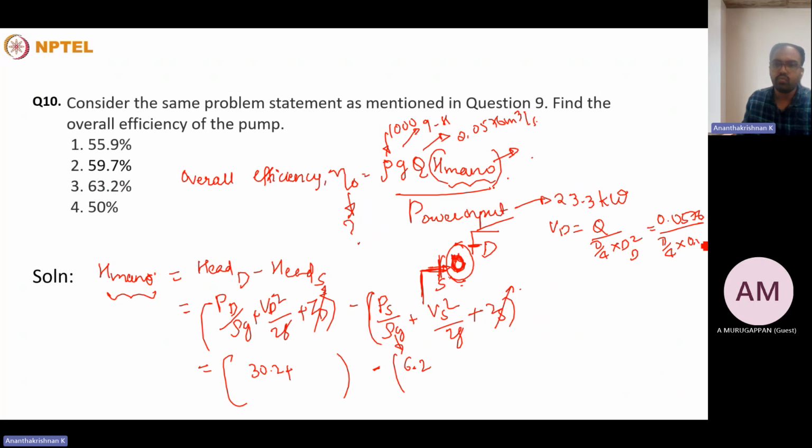So for the delivery side, it is 0.12 squared. Similarly, for the suction side, Vs is equal to Q divided by pi by 4 into the suction diameter squared, 0.0576 divided by pi by 4 into 0.18 squared. On the delivery side, the velocity comes around 5.01 meters per second, and on the suction side, around 2.23 meters per second.